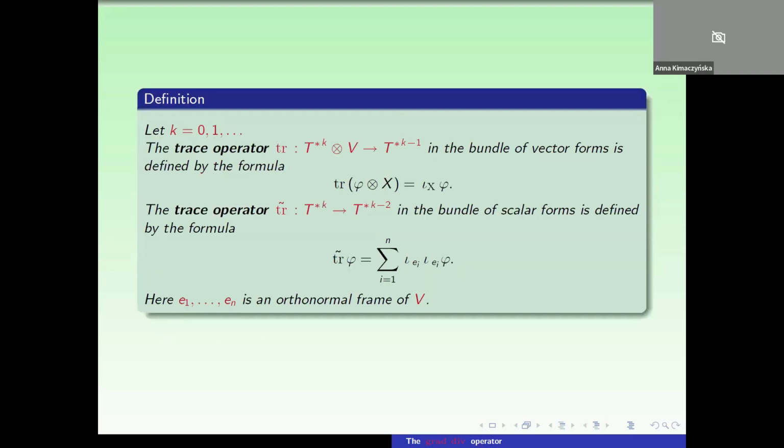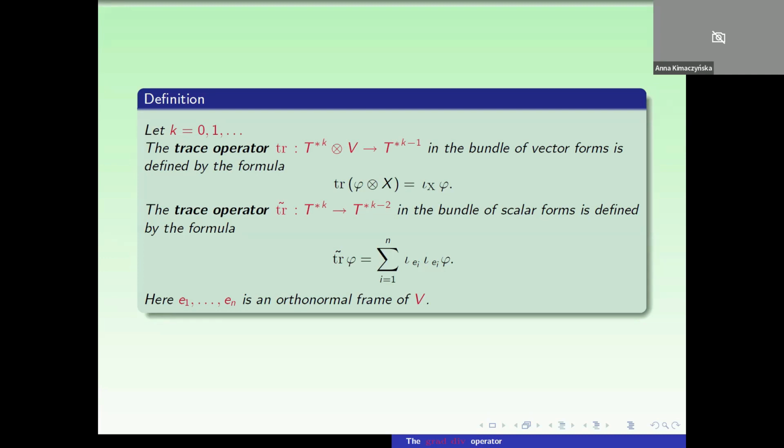The trace operator is the operator from T*k times V to T*(k-1) in the bundle of vector forms, and it is defined by the following formula: trace of phi times x is equal to i_x phi. And this is the trace operator for vector-valued forms.